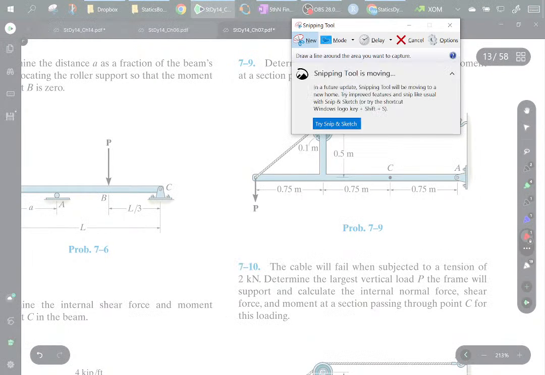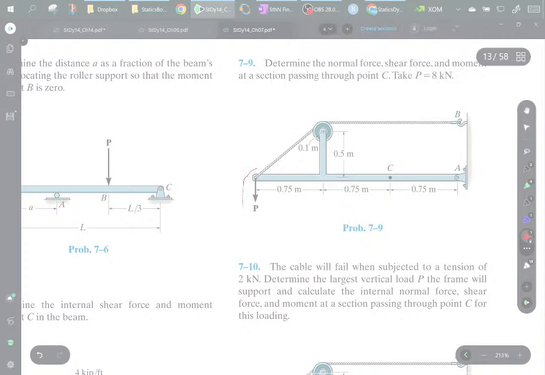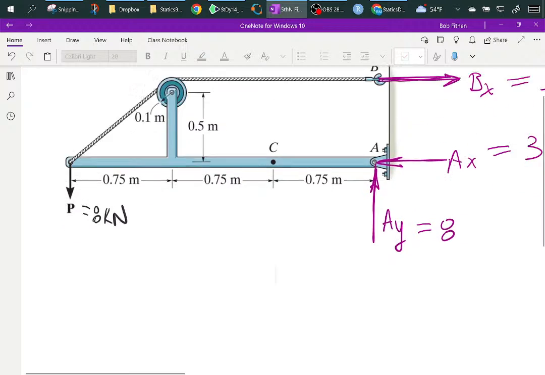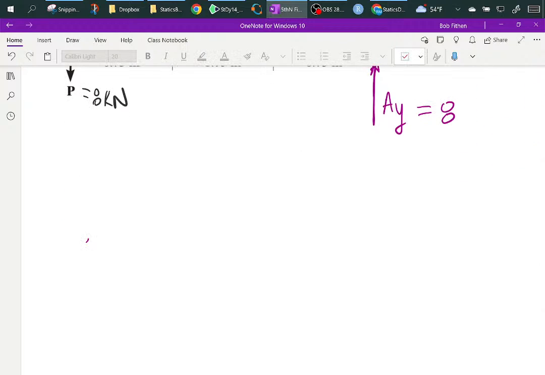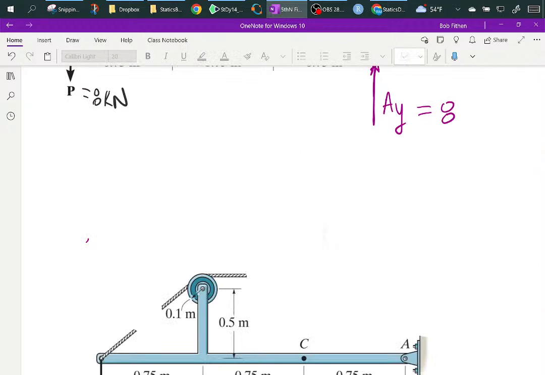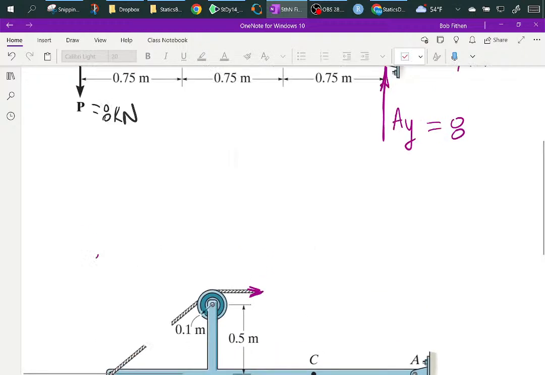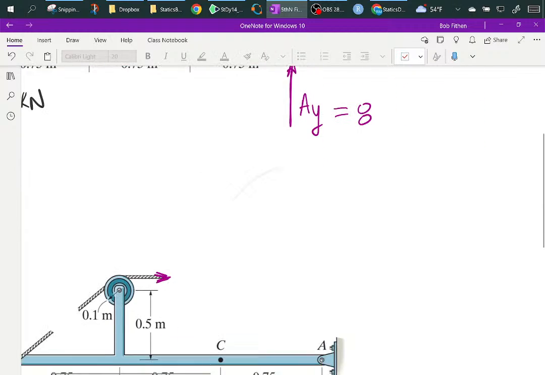I don't know what the most efficient thing to do is. If I just clip that, and I clip this, and I'm going to do something interesting, I'm going to clip that. Now I'm going to go back over to here and drop it. I think that was 30. So this is 30.